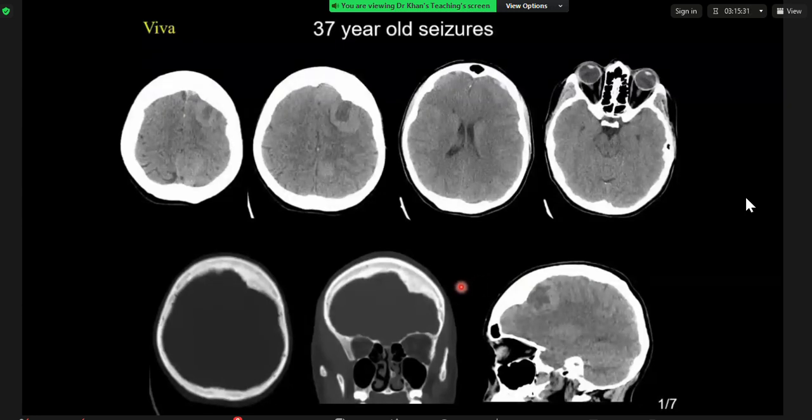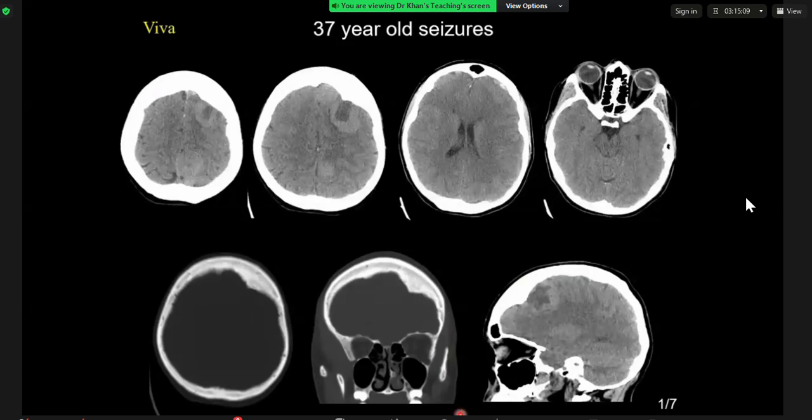And I can see that there is some cortical hyperostosis as well at that region on the axial and the coronal bony recons. There is no midline shift. There is no ventricular effacement.